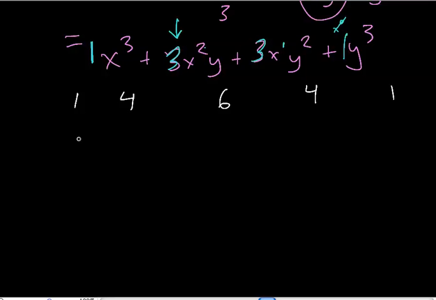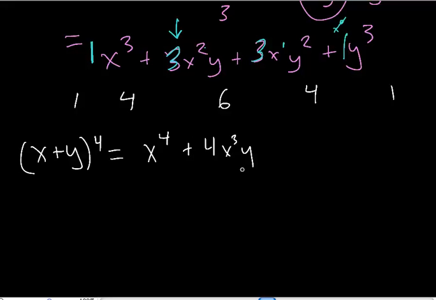So that means that x plus y to the 4th power should be 1 x to the 4th, right? Then it should be plus 4 x to the 3rd y plus 6x squared y squared plus 4 x y to the 3rd plus y to the 4th power, right?